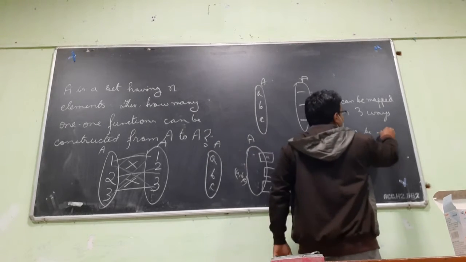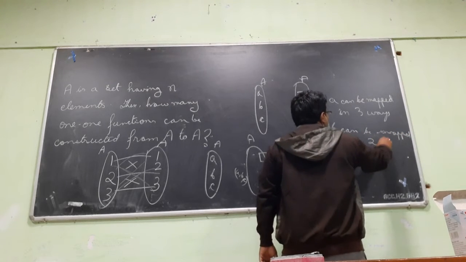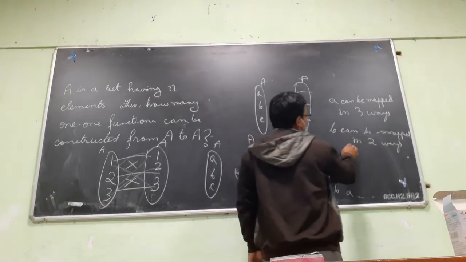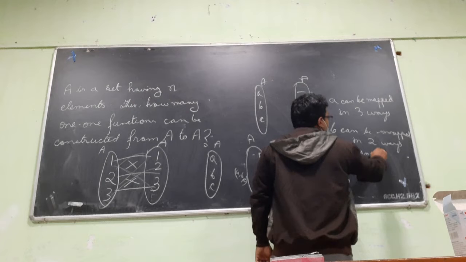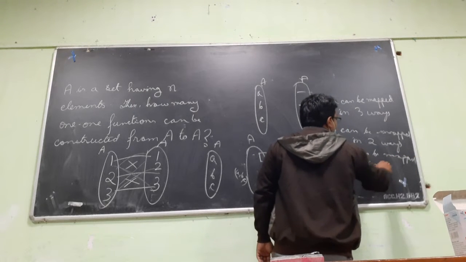So B can be mapped in 2 ways. And for C, only one way is there. C can be mapped in 1 way.